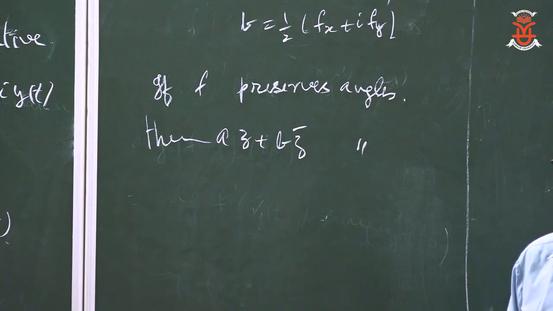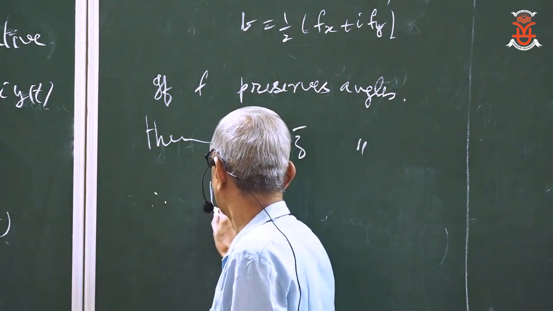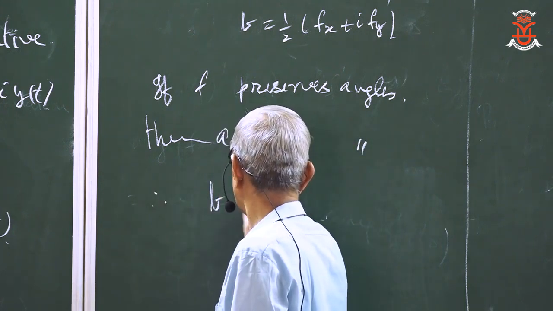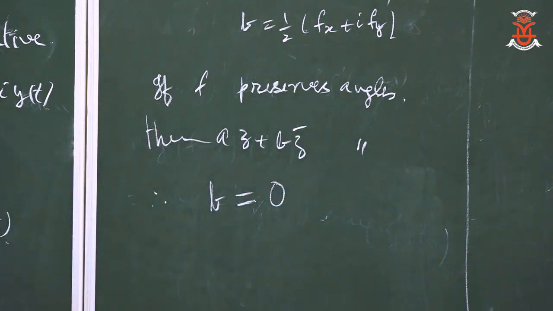So from what we have seen earlier, therefore b is 0.